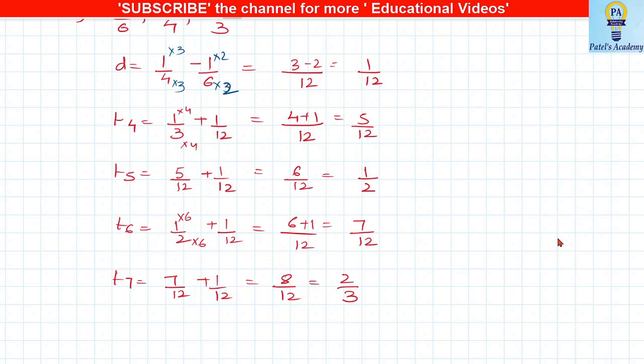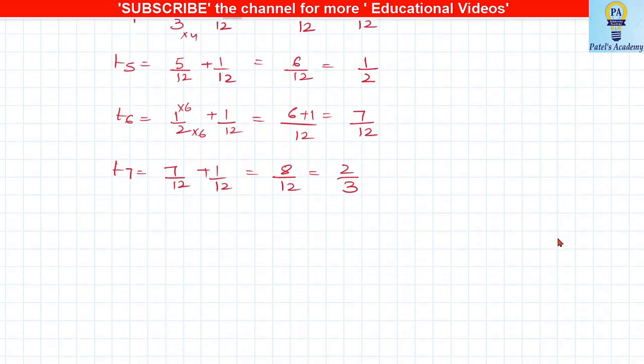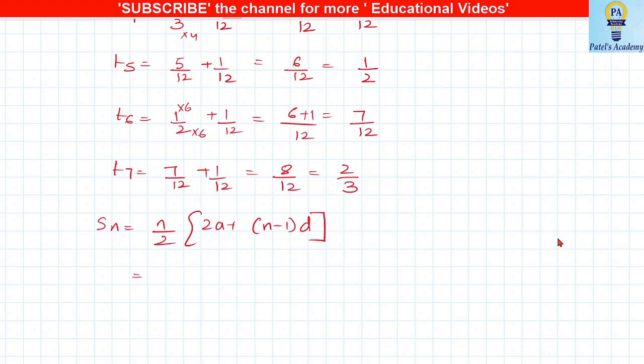Now the question is, you have to find out Sn. Okay, now Sn means, yes, we will now substitute the values in n upon 2, (2a plus (n minus 1)d). Okay, now n upon 2 will come as it is, 2 into the first term is nothing but 1 upon 6, plus (n minus 1), the value of d is 1 upon 12.